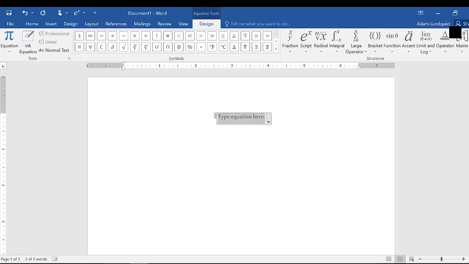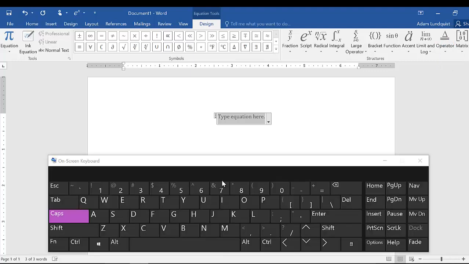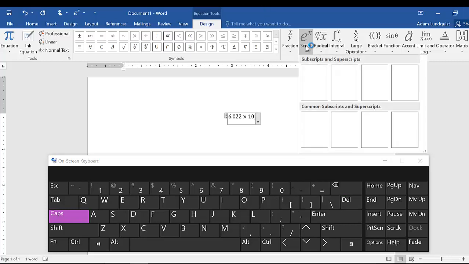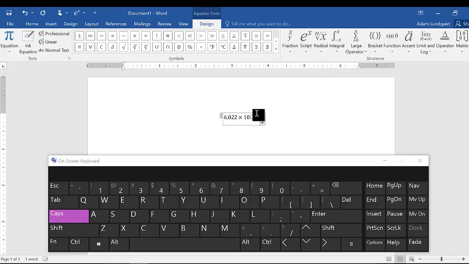And you'll always start your equations with 6.022 times 10 to the 23rd. Now, if you want 23 to be an exponent, you're going to have to put in an exponent. So you'll have to come back in here and put in times 10 to the 23rd, which makes this 10 a little redundant.